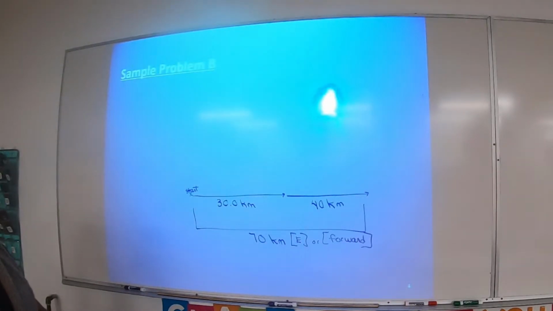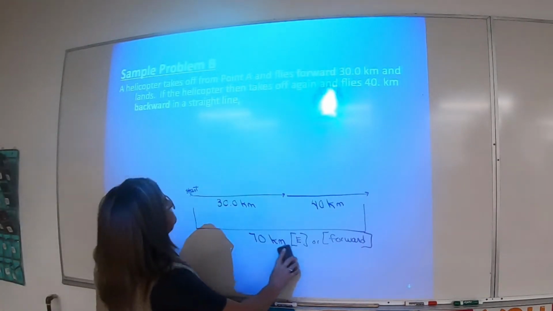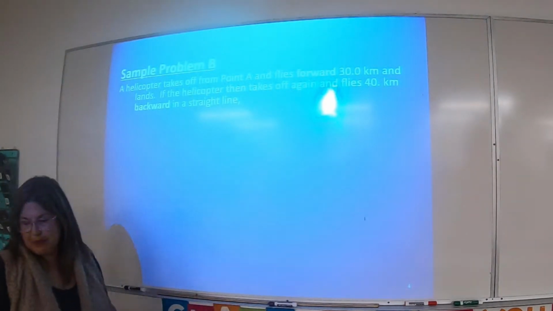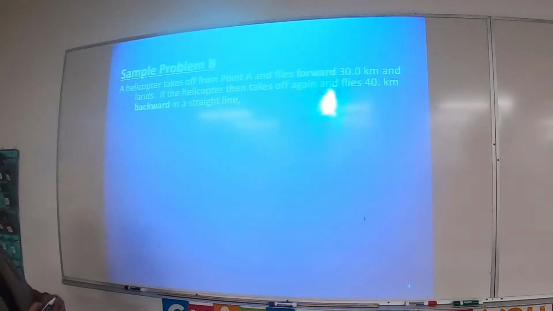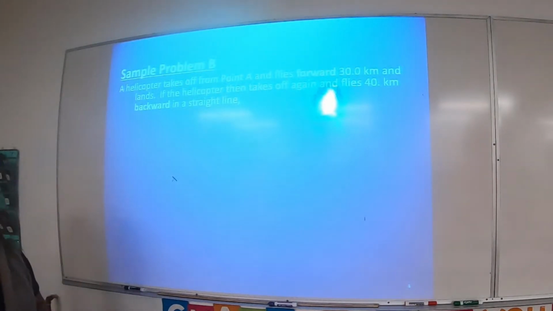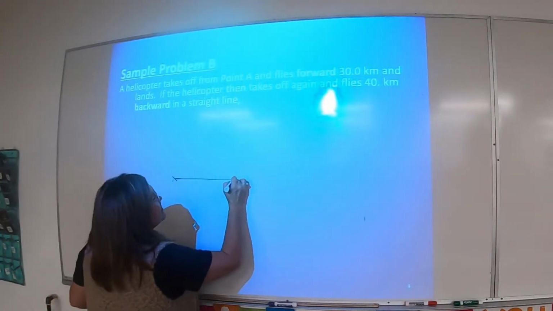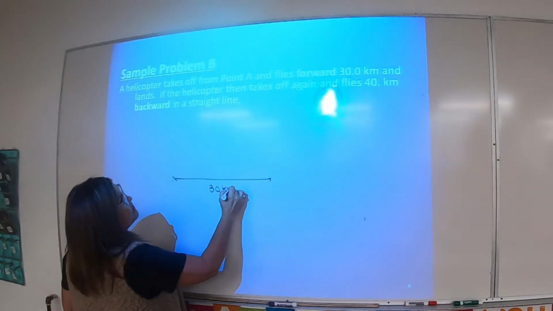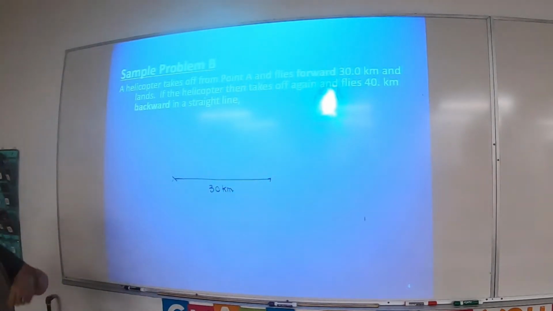Let's look at problem B. It looks pretty similar, but it's not the same. Again, we have a helicopter. It takes off from point A. It flies 30 kilometers forward. So I'm going in this direction, 30 kilometers, and lands.